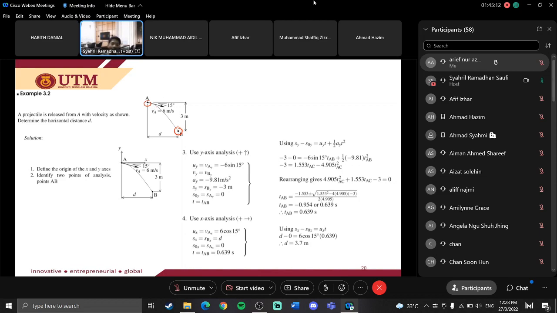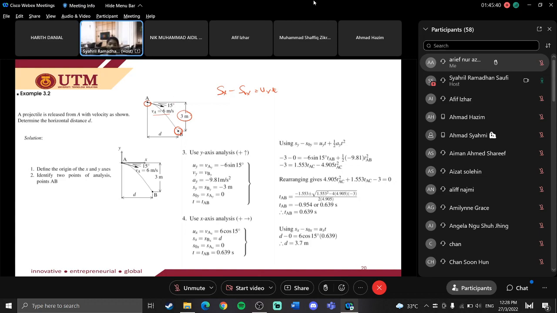Okay. So a projectile is released from point A with the velocity as shown. You have a velocity of 6 meter per second, and we determine the horizontal distance. So horizontal distance is Sx minus S naught x, equal to Uxt. Given is just the velocity and the height difference on the y-axis.